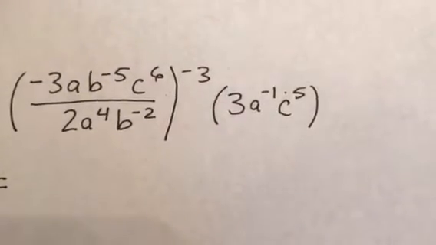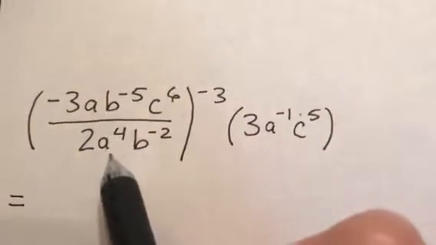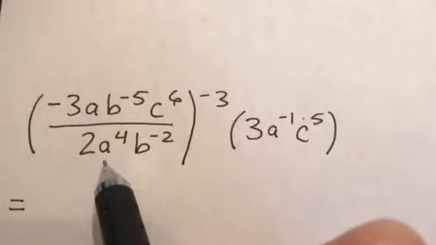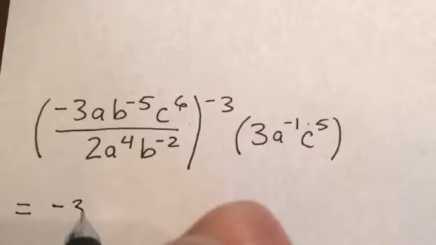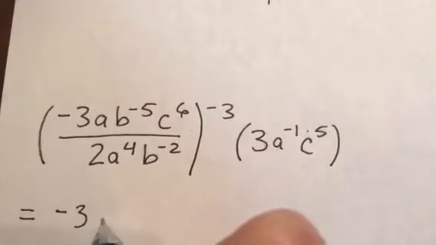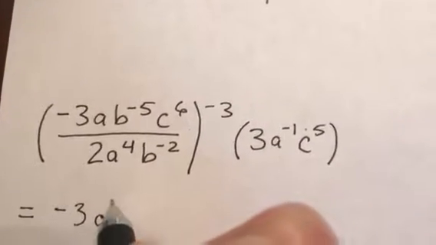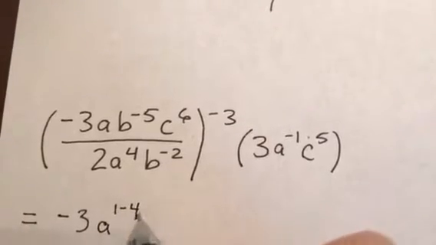Let's notice that I have an a and an a to the fourth. And so let's use our quotient rule and make this negative 3 a to the 1 minus 4.